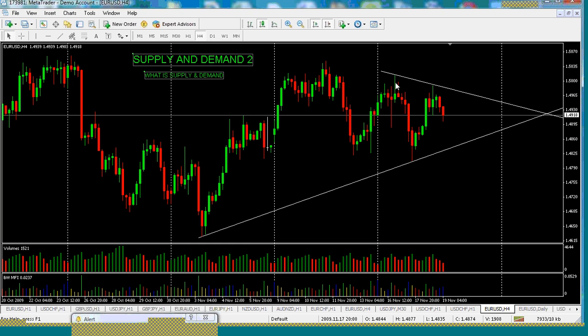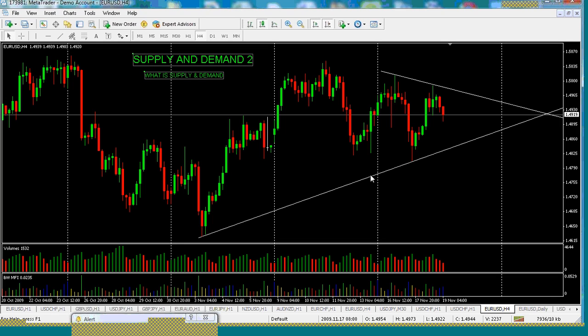And in reverse, this supply line represents the balancing point of those people looking to sell this particular commodity on this particular timeline on the 4-hour chart. So we have our balancing point for our demand line and our balancing point for our supply line.